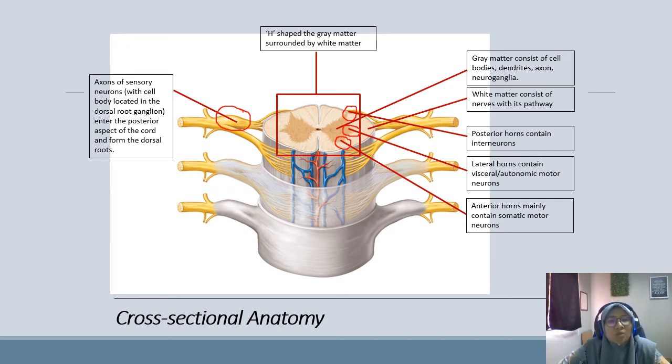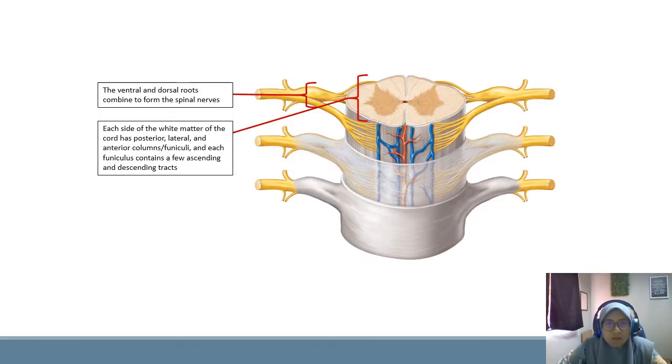So ini adalah dorsal roots. Okay, next. This one is dorsal, and then this one is ventral. Ventral depan, dorsal belakang. So the ventral and dorsal roots combine to form the spinal nerve. So this is the spinal nerve.